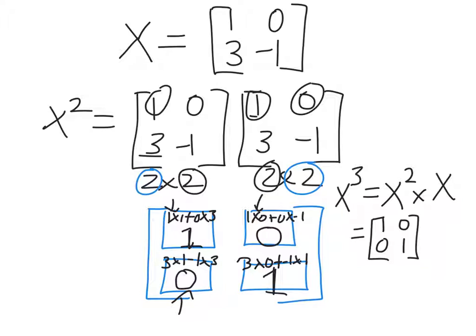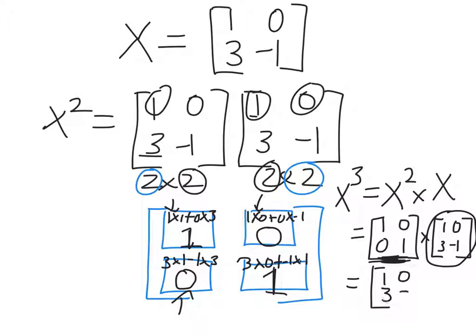So we just need to times it by our original matrix, which is 1, 0, 3, negative 1. So as I told you, however, multiplying by this doesn't change the matrix. So I know straight away that x cubed is just going to be this here, because multiplying by this doesn't change it. So that's how you'd figure out x cubed.